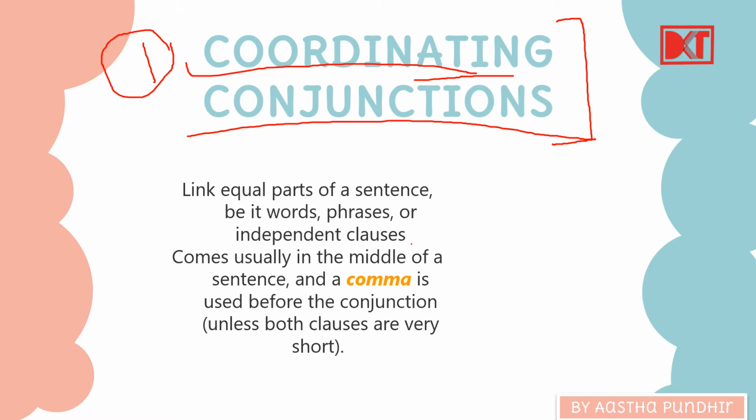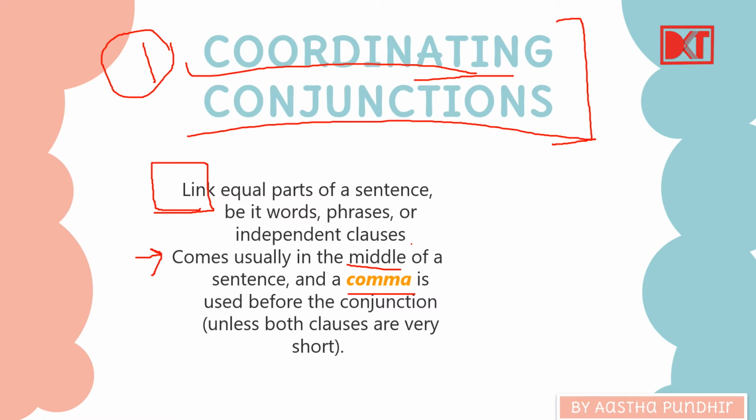Right? और इनका एक feature क्या है? They come usually in the middle of a sentence and a comma is used before the conjunction unless both clauses are very short. So what do? They link, which means they coordinate equal parts of a sentence, be it words, phrases or independent clauses.